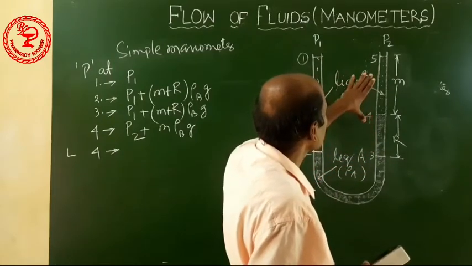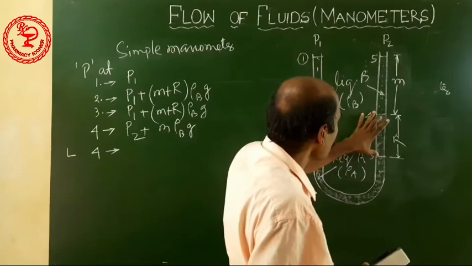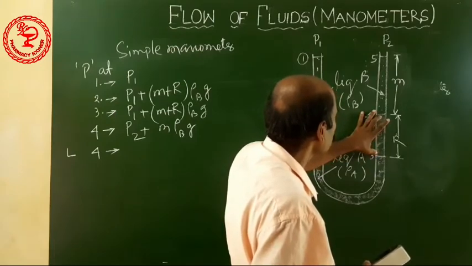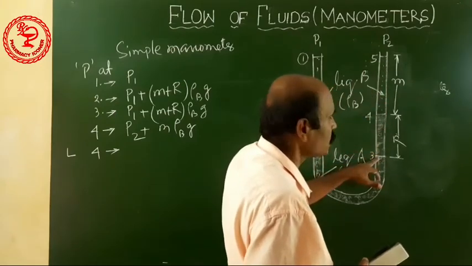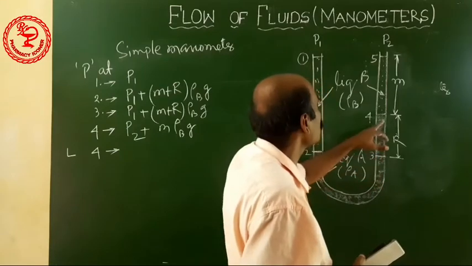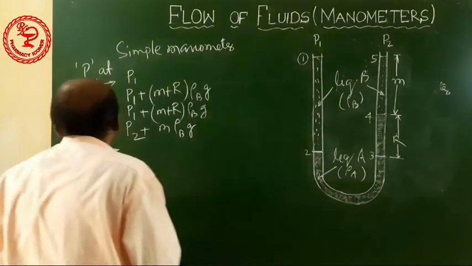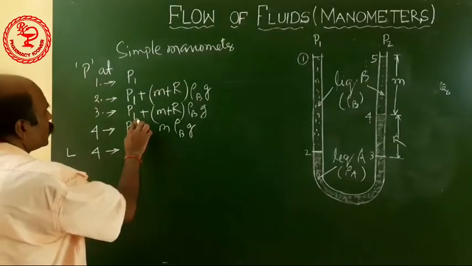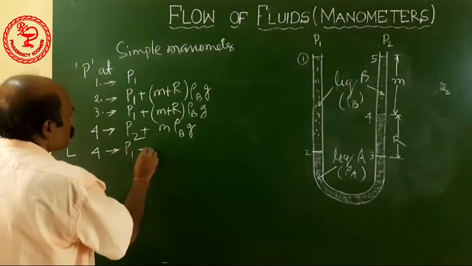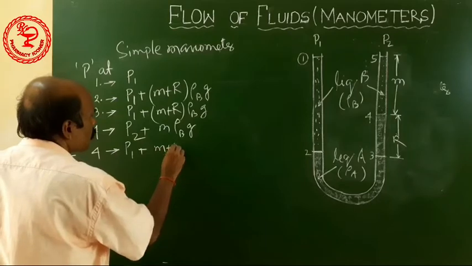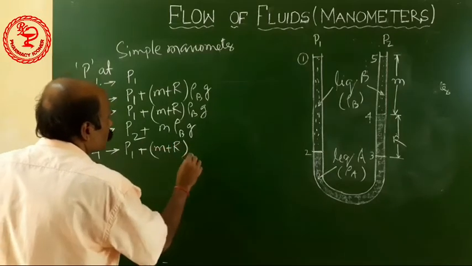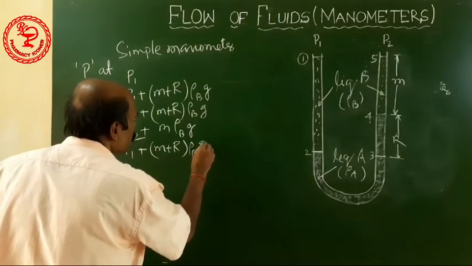If we deduct the pressure of this column from the pressure at point 3, then we will get the pressure at point 4. So what is the pressure at point 3? P1 plus (m plus r) rho b g.